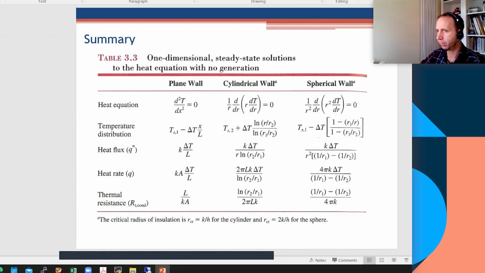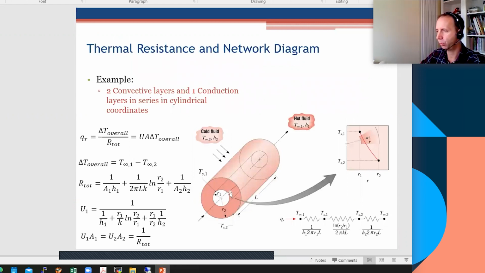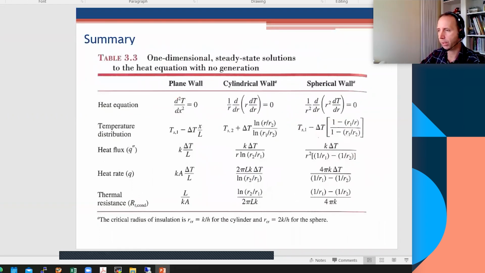We saw as an example, for the cylindrical one, that the resistance to heat transfer now involves a logarithmic, a natural log function, where we look at the ratio between the radius of the outer surface and the inner surface of the finite thickness pipe wall. Okay, so that's where we are.